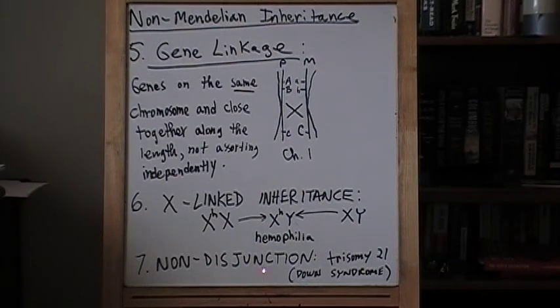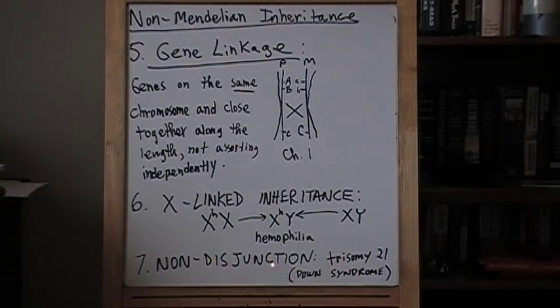So you can have, for example, chromosome 21 in an older egg where the two homologous copies may not segregate into the eggs, and both copies go to one egg and the other egg gets none. And so you have an egg with two copies of chromosome 21, and if that gets fertilized by a sperm with one copy of chromosome 21, now you have three copies of chromosome 21, and that's called trisomy 21, or better known as Down syndrome.